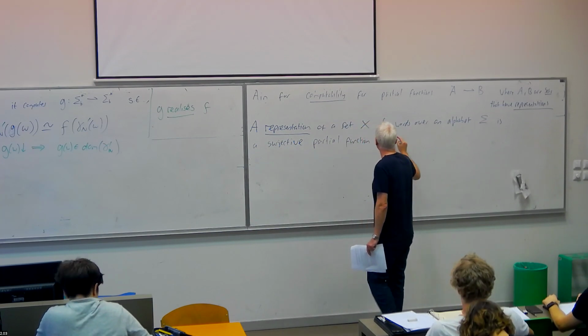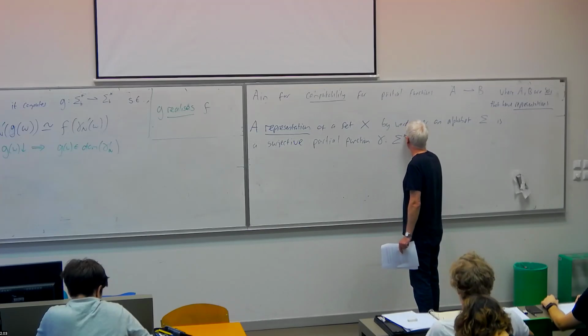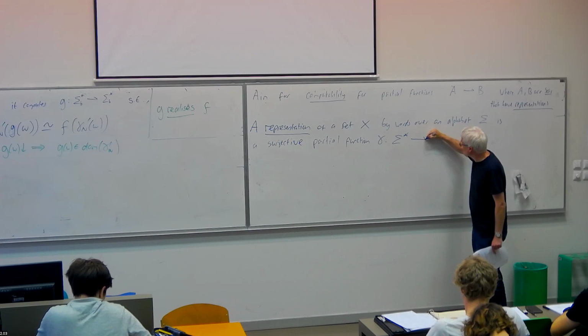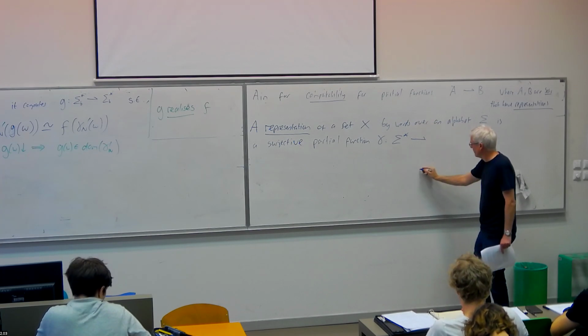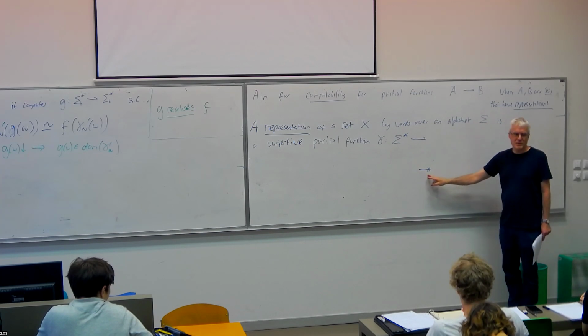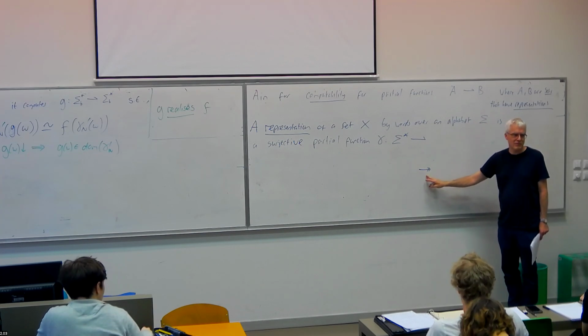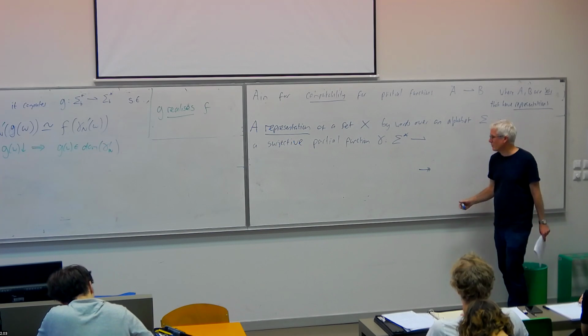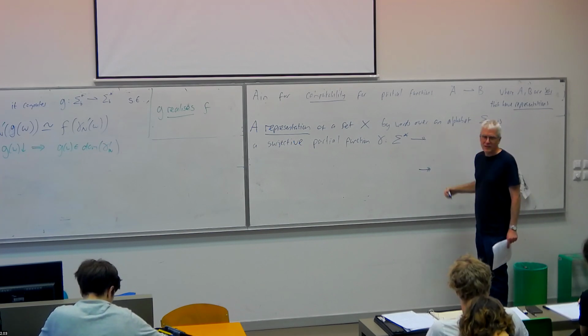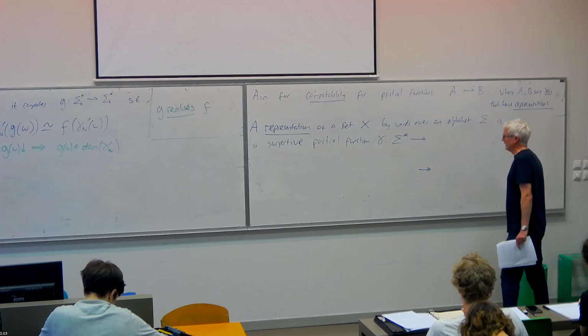gamma from words over sigma to X. So now I'm going to start using, in mathematics one sometimes uses a double arrow to emphasize that you're looking at surjective functions. So because it's a surjective partial function, we're going to use a partial double arrow here.